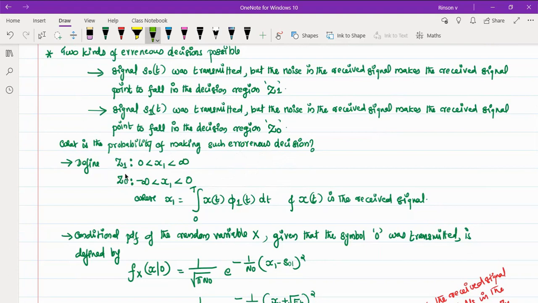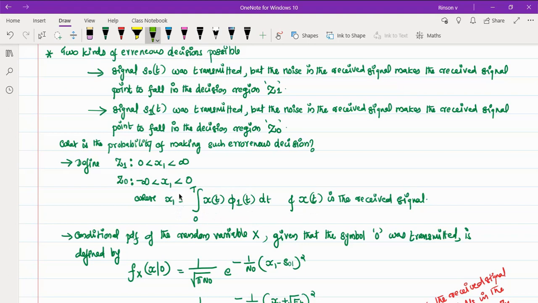So let's define Z1 as the points received between 0 and infinity, and Z0 as the points received between minus infinity and 0. Now what is x1? The received signal point. We just need to correlate the received signal with the basis function, and that will give you the received signal point.